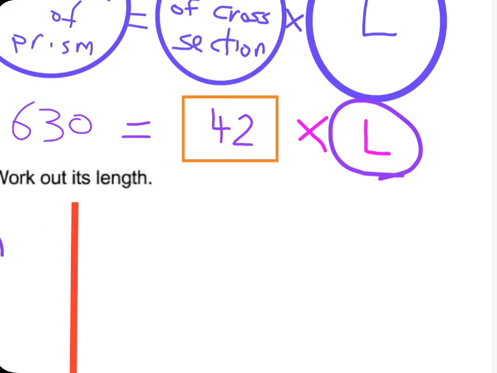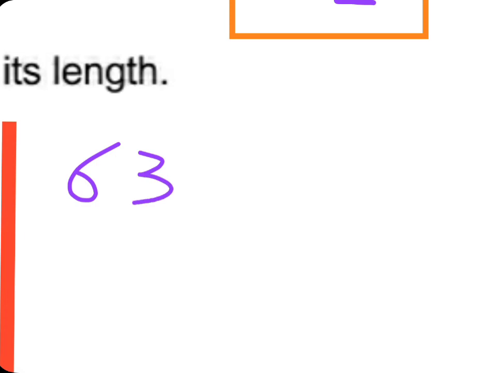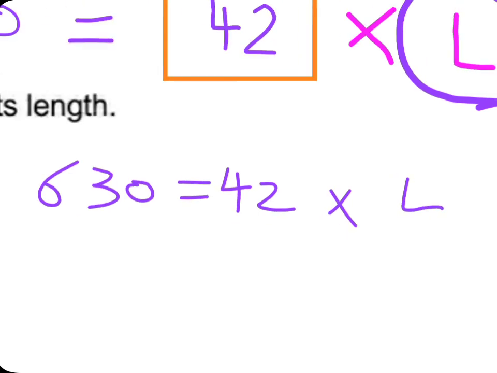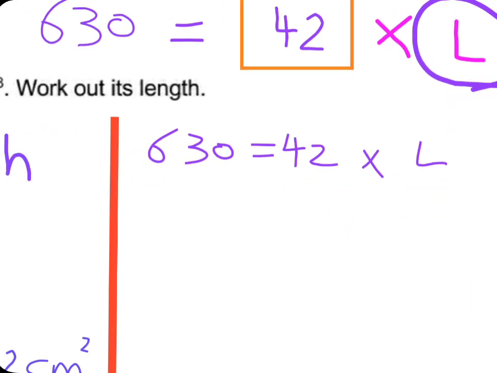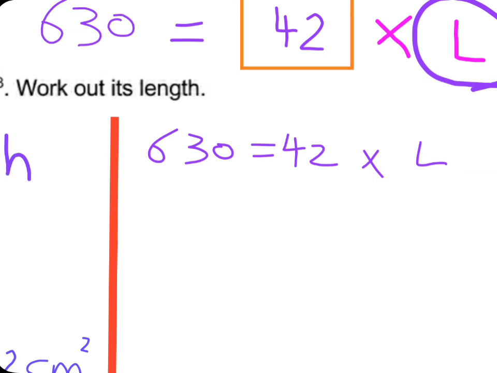So I'm going to use the space to find it out. So here, 630 equals 42 multiplied by the length. The first step we do, we take this, because it's multiplied, we're going to divide it here. Very good. So take it to the other side by division.